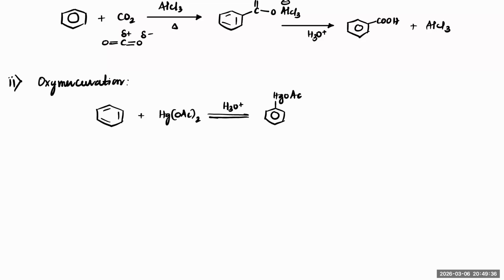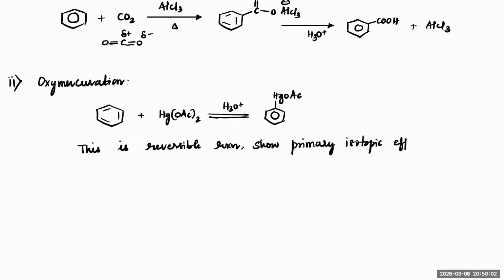Now, this is basically a reversible reaction. Usually when you have a reversible reaction, it will show a primary isotopic effect.